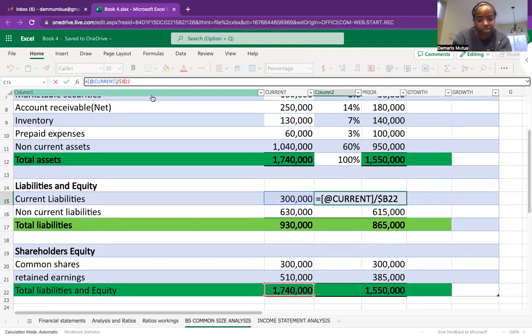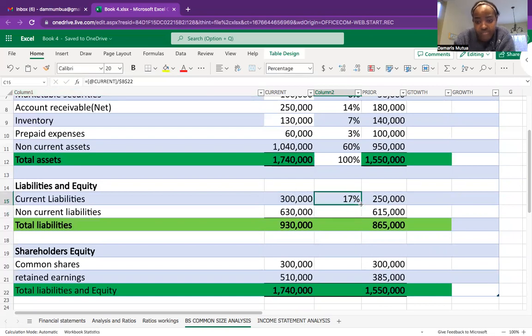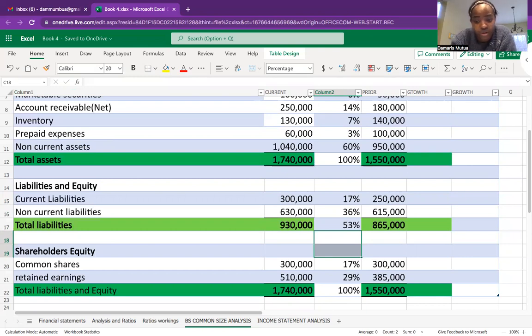You just need to fix, then you drag down to get the different line items. So our total liabilities are 53% of our total assets. Our common shares, 17% of the total assets. Our retained earnings, 29% of our total assets. So that is how you do it, guys.